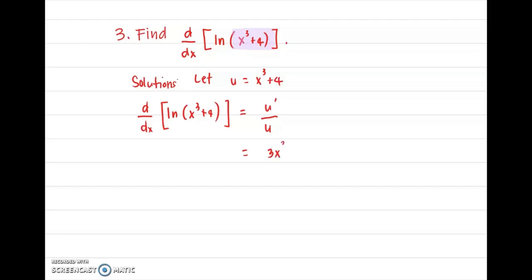So we have 3x squared over u, which is x cubed plus 4. And since our answer is already in its simplest form, then this is already our final answer. Meaning to say, the derivative of the natural log of x cubed plus 4 is 3x squared over x cubed plus 4.